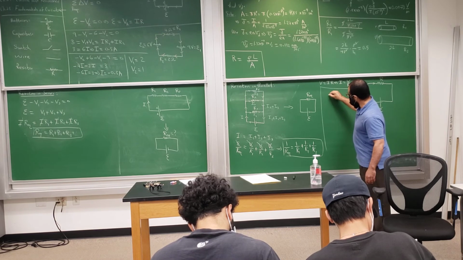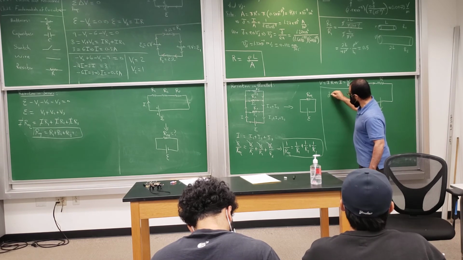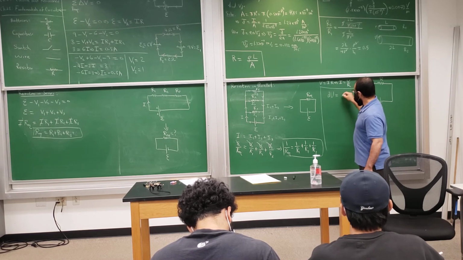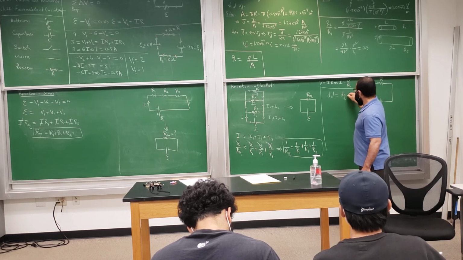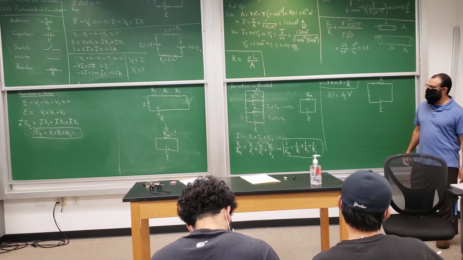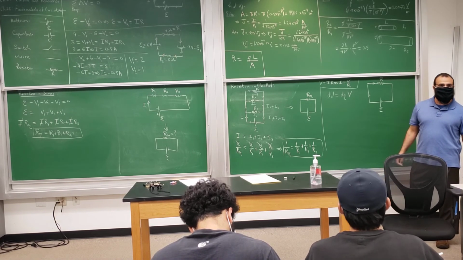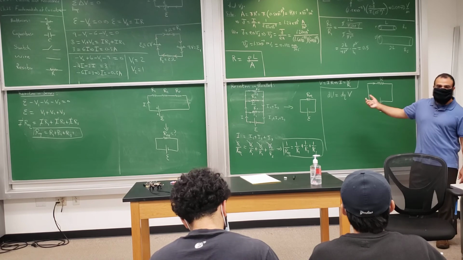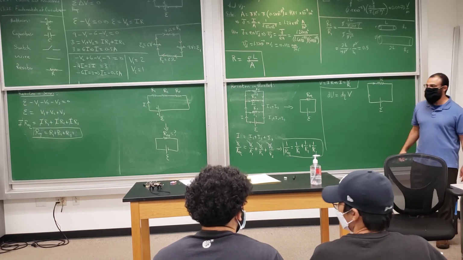Remember the change in potential energy, that we call dU, is equal to dq times the voltage. You have this in the test. You have to apply this, not in terms of dq, but just q times V.